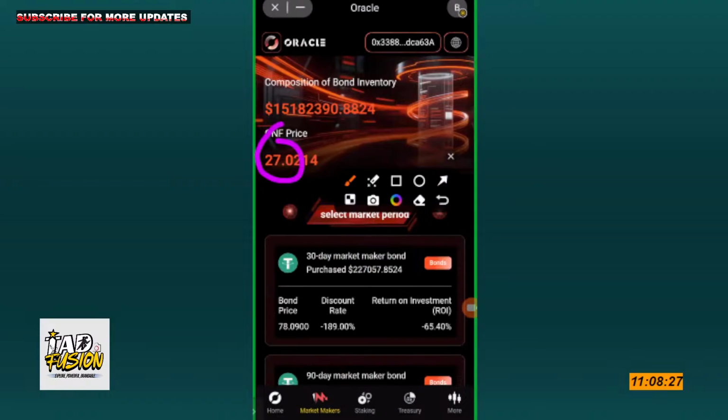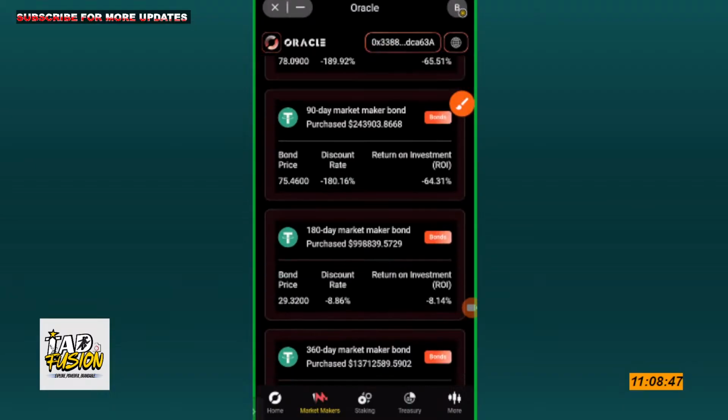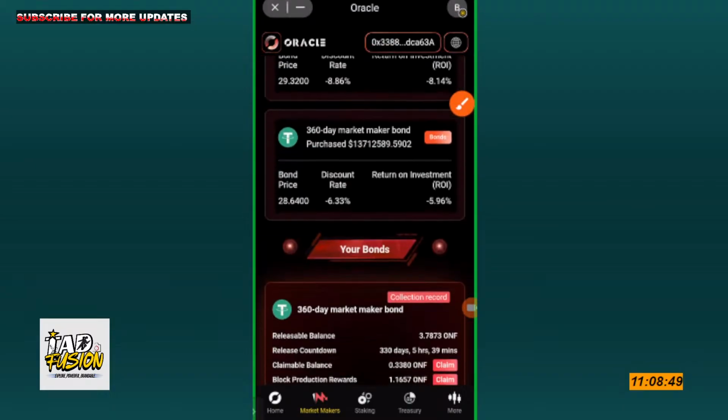So if the price of the coin goes up, it means the amount of ONF tokens on Jucoin is limited, in low supply. Then the bonds will become cheaper, and now it is okay to bond.